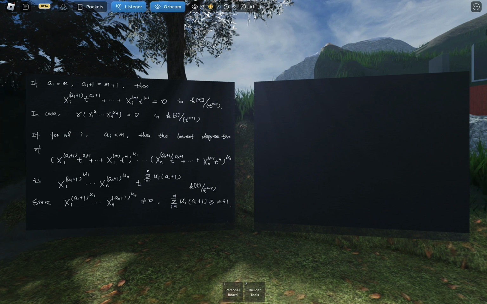Then combining these two cases, we conclude that for gamma to be an m-jet over X, we have to have this inequality.